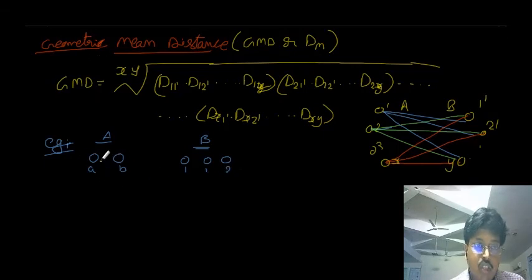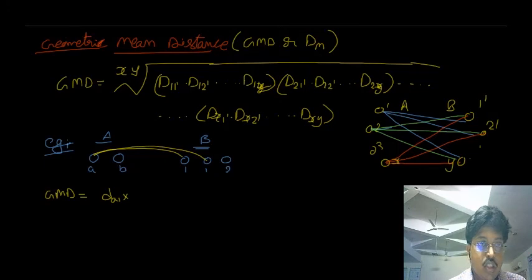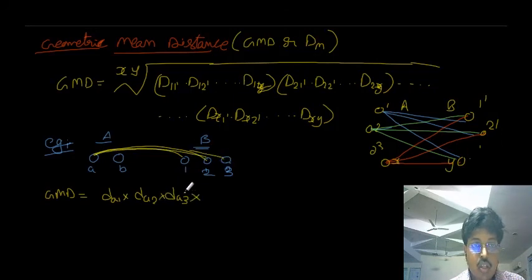The GMD for this example is calculated as the product of each distance. There is a distance between conductor A and 1, that is DA1, into the distance between A and 2, DA2, and similarly the distance between A and 3, that is DA3.